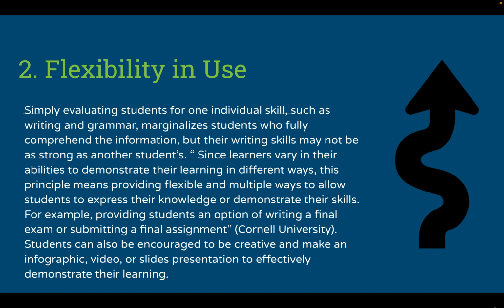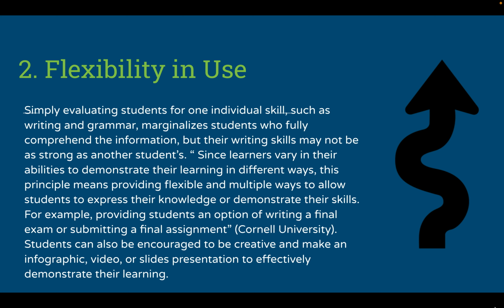Next is flexibility in use. Simply evaluating students for one individual skill, such as writing and grammar, marginalizes students who fully comprehend the information, but their writing skills may not be as strong as other students.